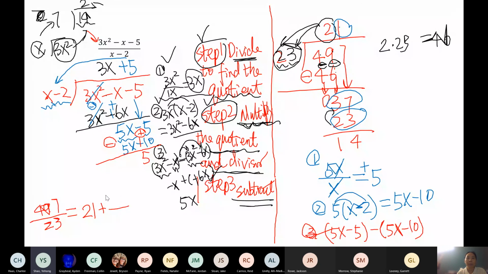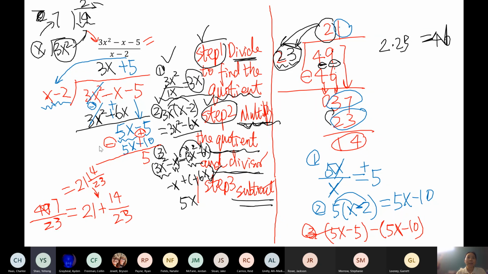I'm going to put a plus sign here because for variables, we cannot omit the plus sign. For numbers, you can omit a plus sign. So the remainder goes on the top, 14 goes on the top, and 23 stays. For numbers, you could just omit that plus sign and put 21 and 14 over 23. This is okay. But for variables, you cannot omit the plus sign.